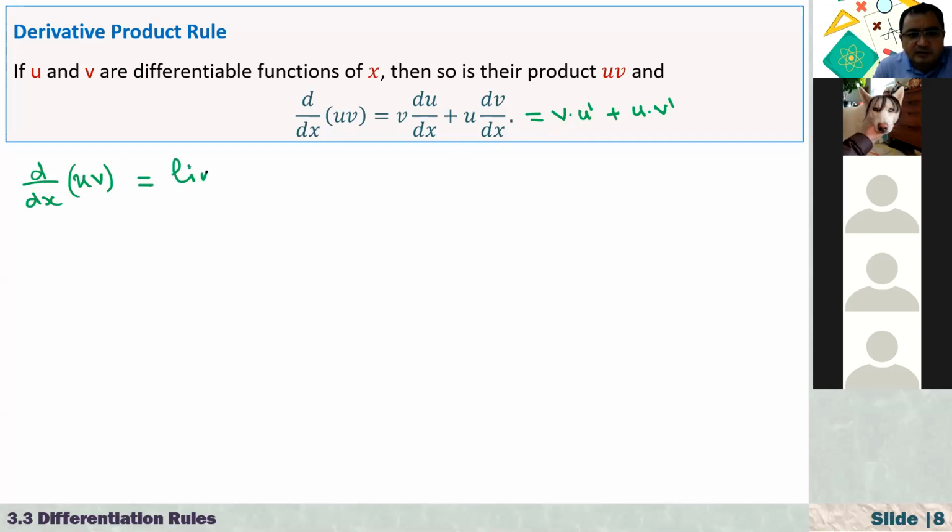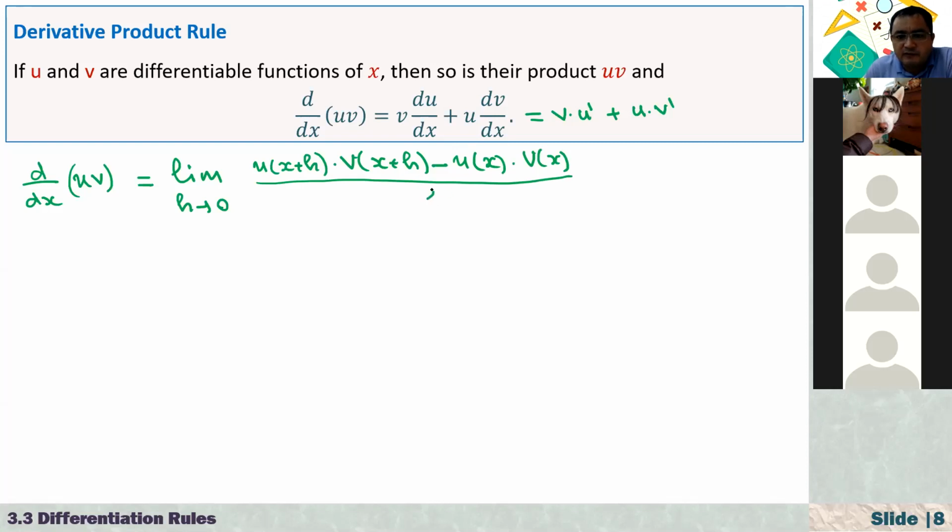That's equal to the limit as h approaches 0 of u of x plus h times v of x plus h minus u of x times v of x, over h.